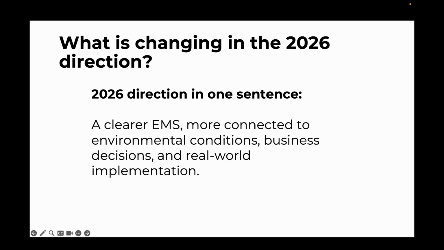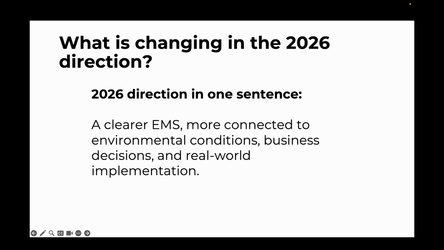Before we enter the case, let me frame the direction of the 2026 edition. The foundation of ISO 14001 remains the same. This is not a revolution, but the updated edition makes some things more explicit. First, it gives clearer emphasis to environmental conditions. The organization is affected by them and also affects them.